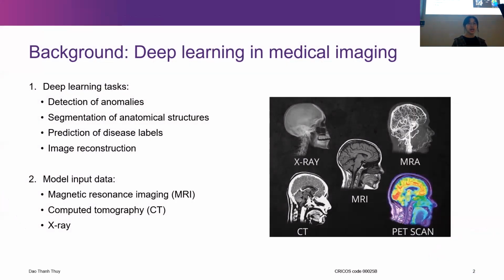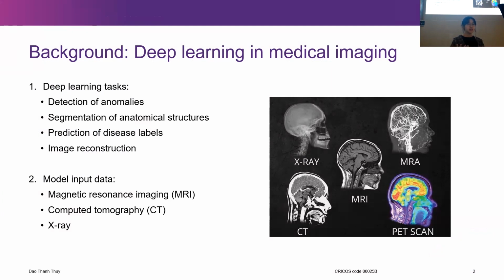So in the medical area, due to the time-consuming diagnosis process that might be prone to subjective interpretation, medical experts started to benefit a lot from computer-assisted intervention. So that's where deep learning began to emerge in the medical area.